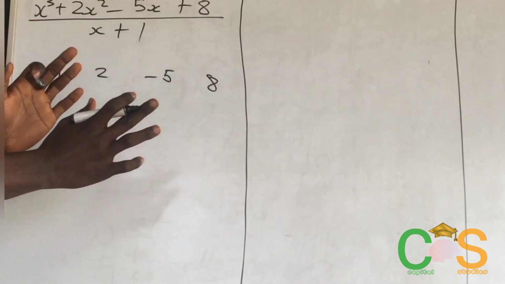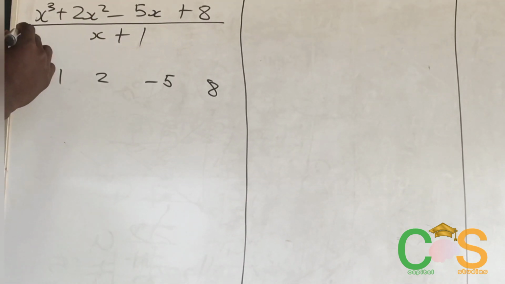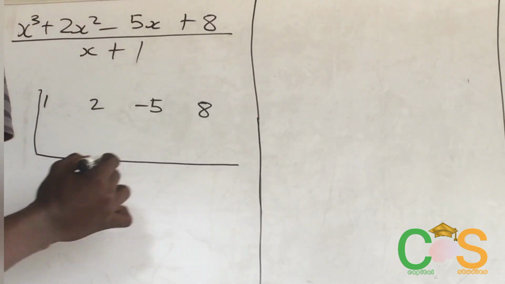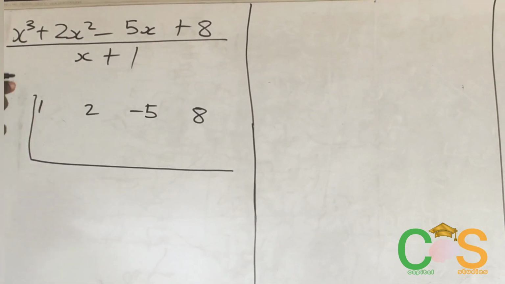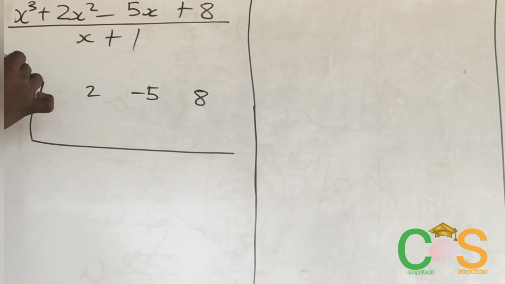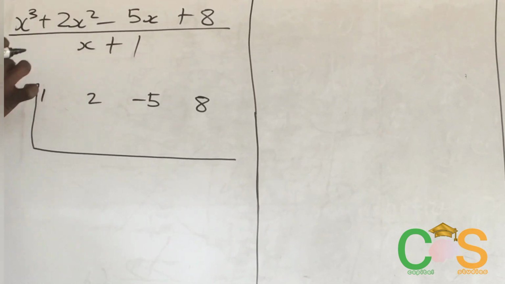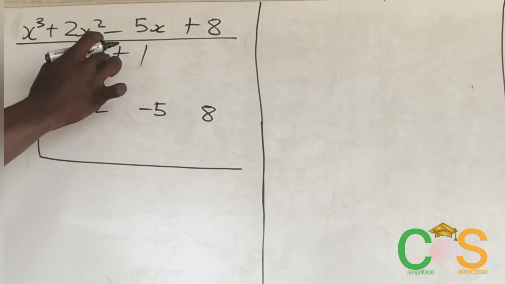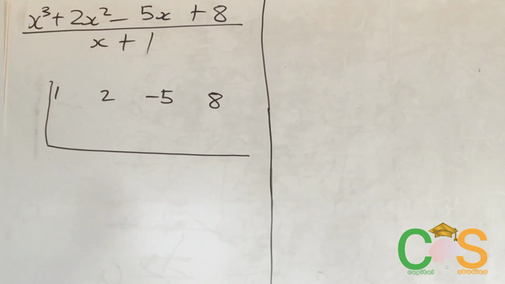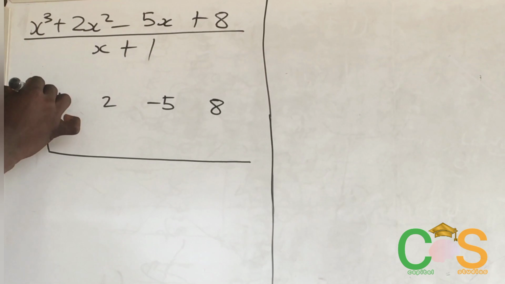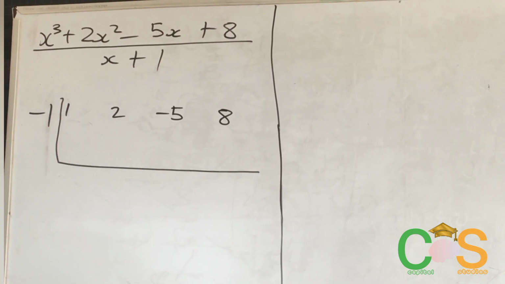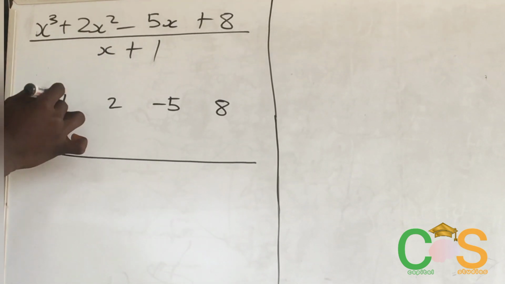After you write the coefficients down, you draw something like an L. Then you equate the divisor to 0 and write the answer beside the L. When you equate x plus 1 to 0, you get x equal to minus 1. So you write minus 1 beside the L, and then you proceed.